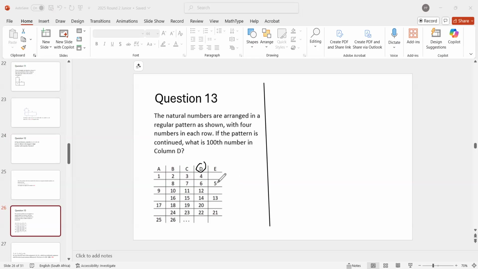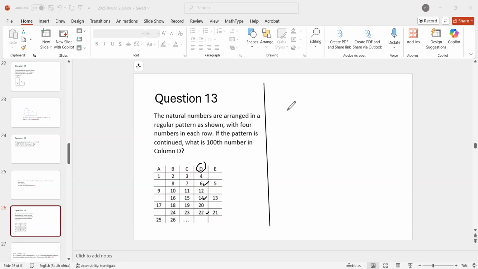But if you're looking for the 100th number, it'll have an even position, because this is the second one, fourth one, sixth one.